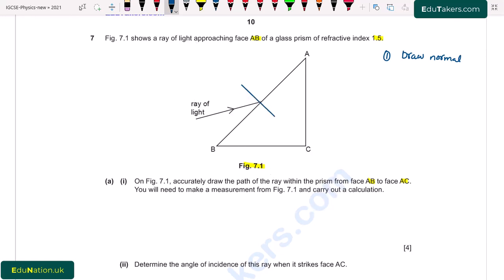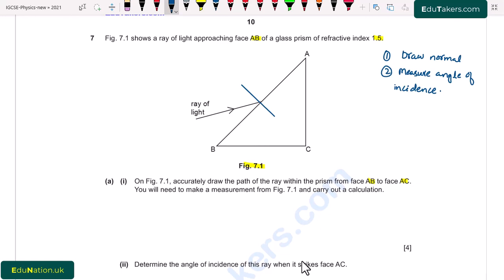And secondly, we have to measure the angle of incidence. The angle of incidence is basically the angle that the ray of light makes with the normal line.